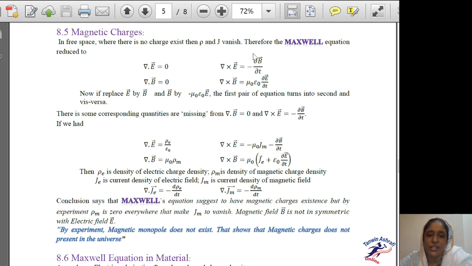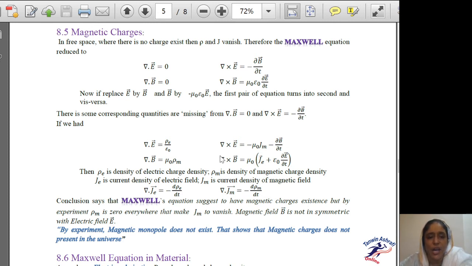Same way, del cross E is equal to minus mu naught Jm minus delta B by delta T, where Jm is the current density of the magnetic charge, and del cross B is equal to mu naught Je plus mu naught epsilon naught delta E by delta T, where Je is the current density of the electric charge. Then these two equations will be matched with each other.